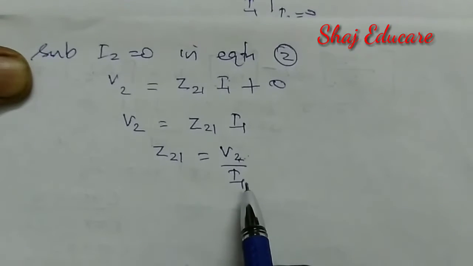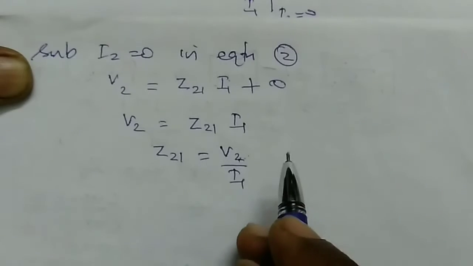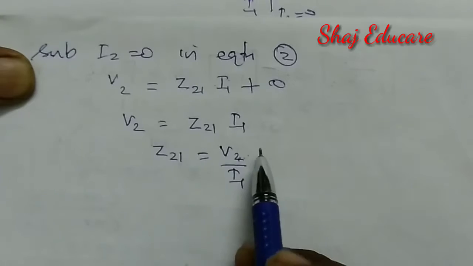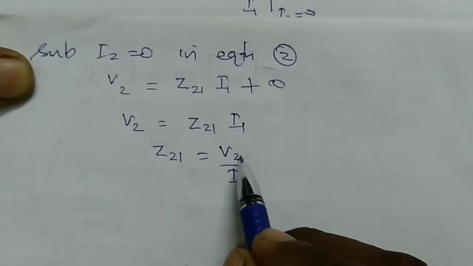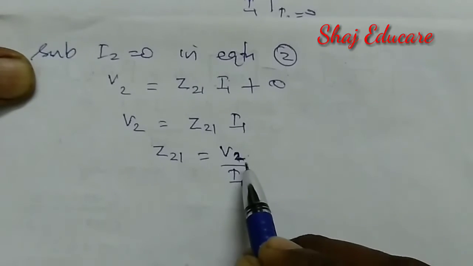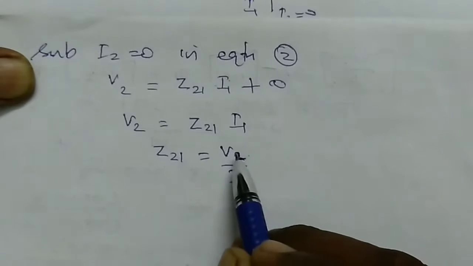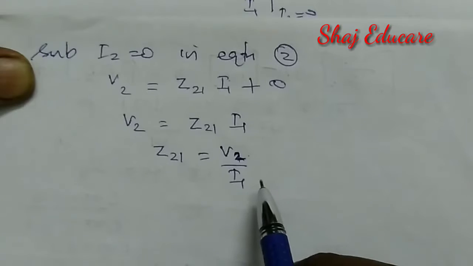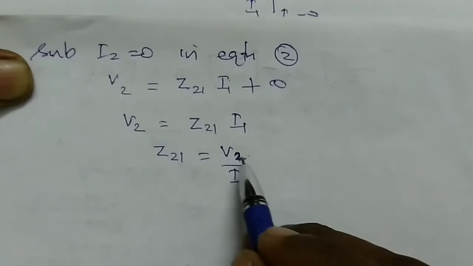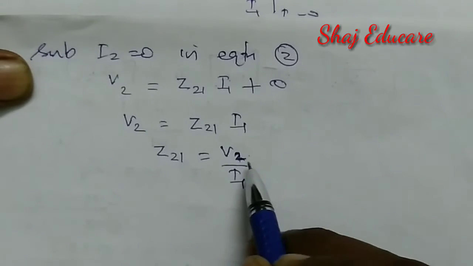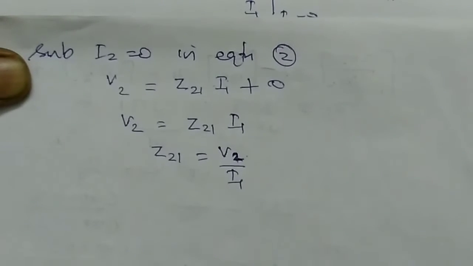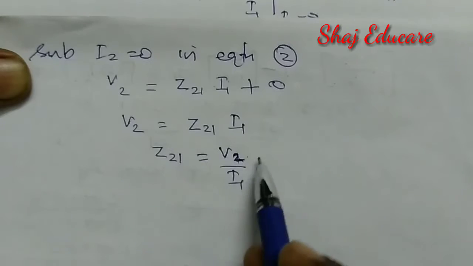So output by input, there will exist a transfer ratio, as both these terms do not belong to the same port. This V2 belongs to the output port and I1 belongs to the input port. So this is a transfer ratio.